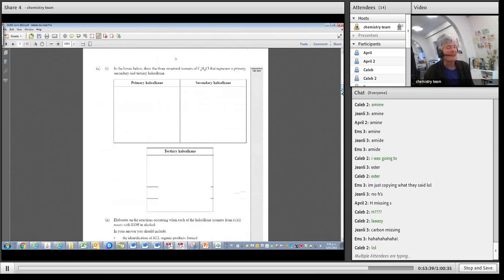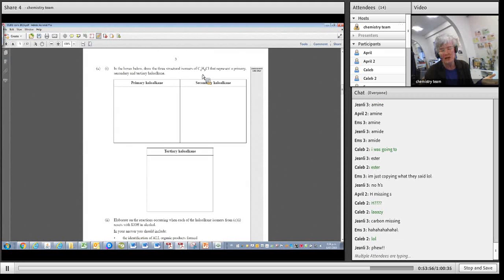Okay, right. Now this is where you've got to draw your structural isomers. As I said to another student I saw yesterday, you won't ever be asked to write all the isomers of a particular formula. But they can give you a molecular formula and tell you to do a particular type.